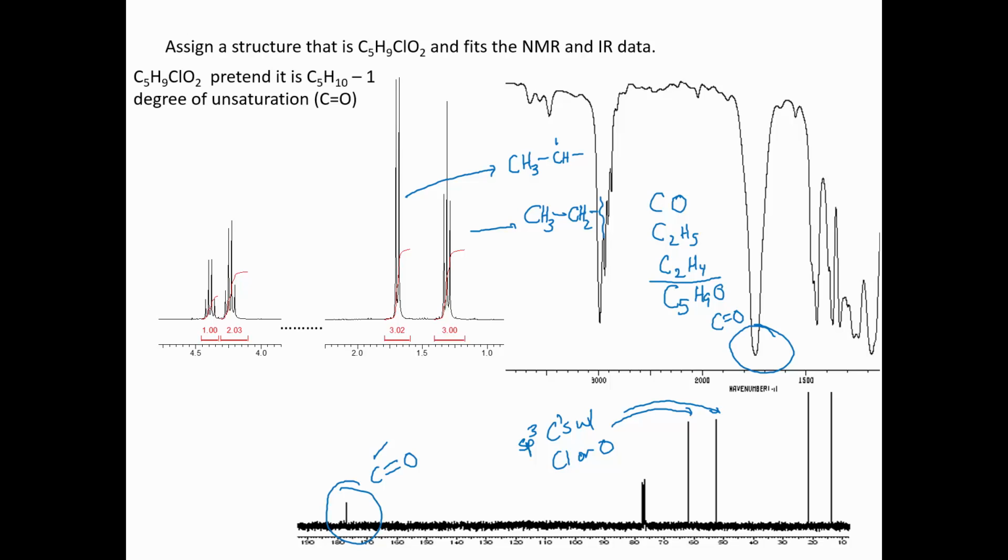We've identified every hydrogen in this molecule and every carbon. We just need to assemble these pieces. So we have an ethyl group. That means there's one site right here. We need to find a place for one more oxygen and one chlorine.